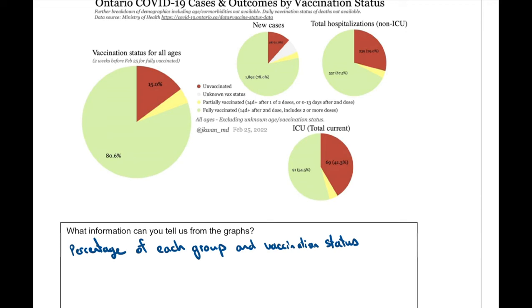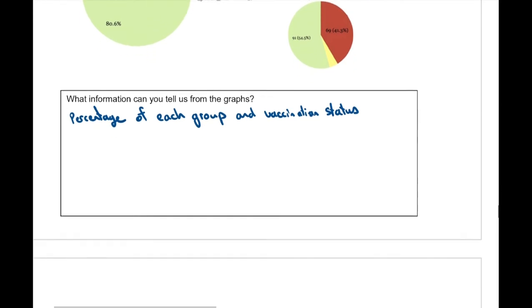So we're basically seeing how the different statuses are dividing up these different cases, whether it's new cases, hospitalizations, and so on. We're just seeing the breakdown of the overall percents, or of the proportions.